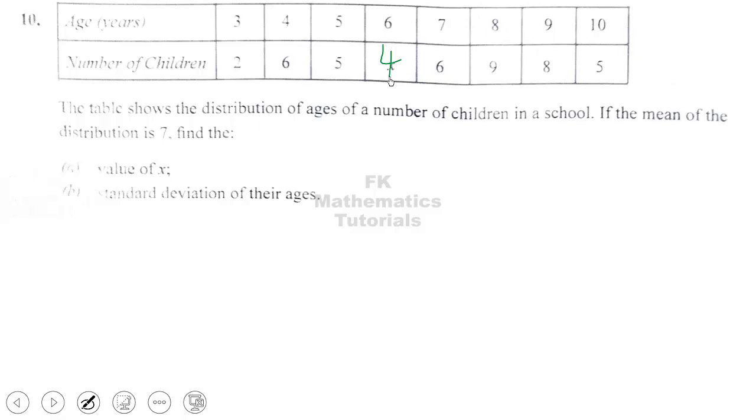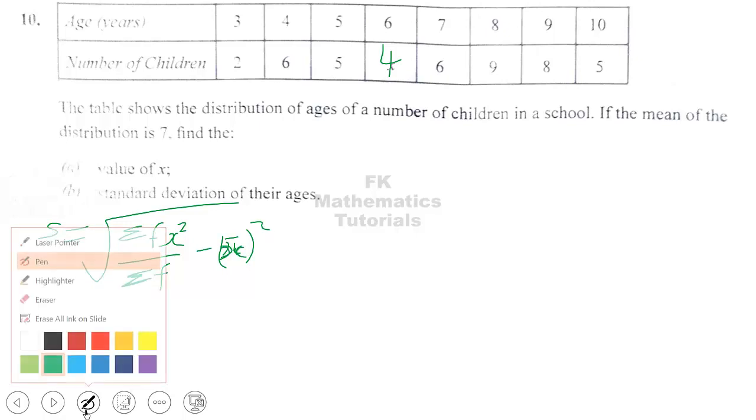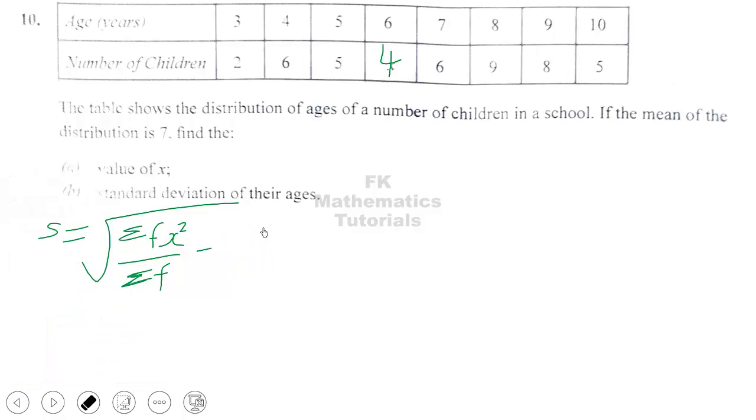So the standard deviation is given by s is equal to square root of summation of f x squared over summation of f, minus the mean squared. So it's x bar squared, not x squared.